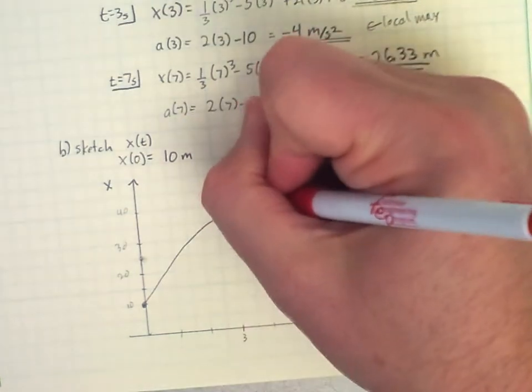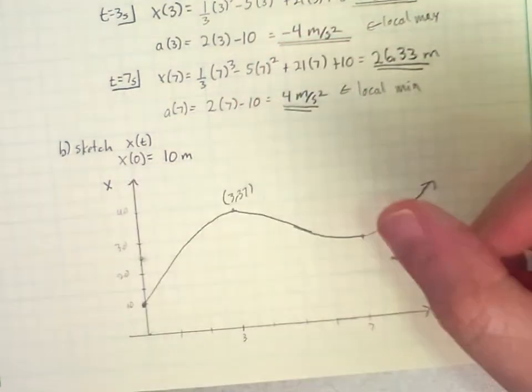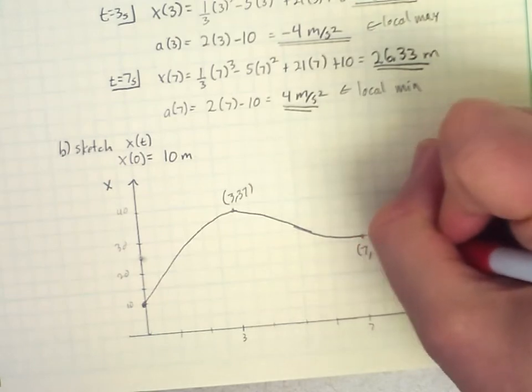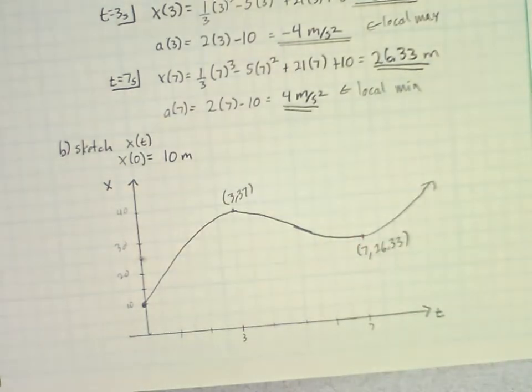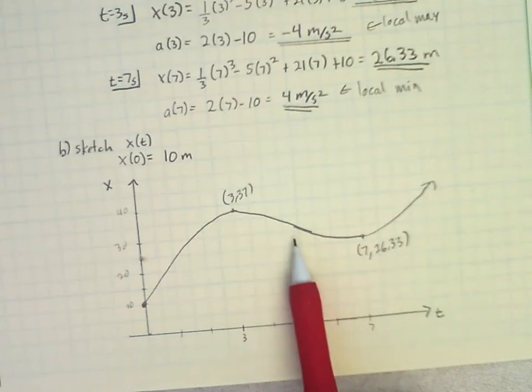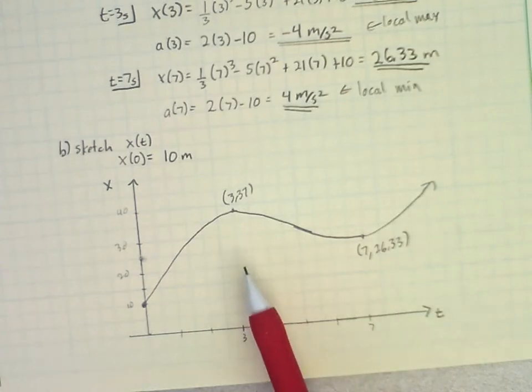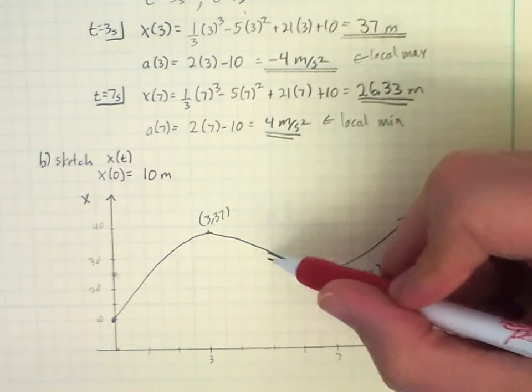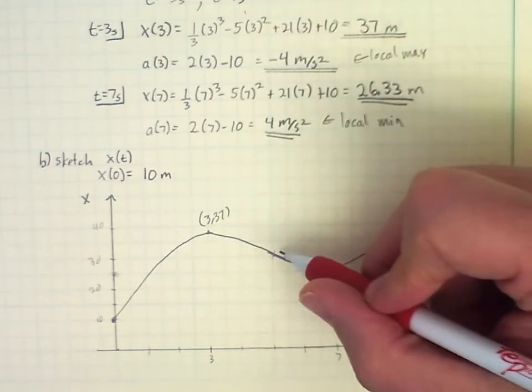So we know this one happens at 3, 37. We know that happened at 10. We know this one's at 7 and 26.33. Somewhere in here it has to actually change which way it's curved, and we can figure that out if we set the acceleration equal to 0. It turns out that 5 is an inflection point.